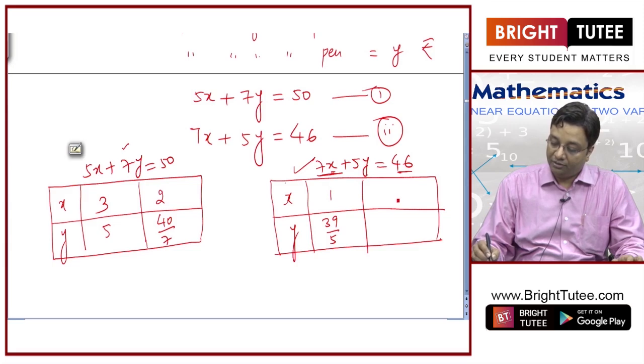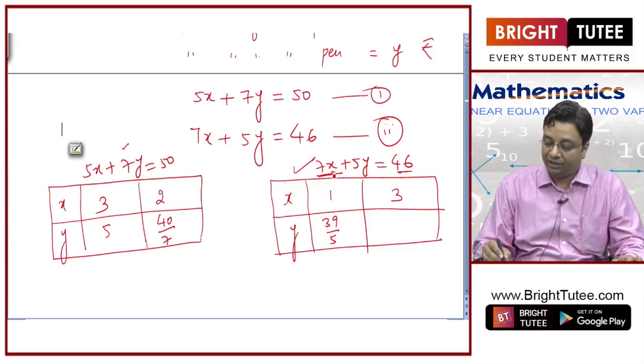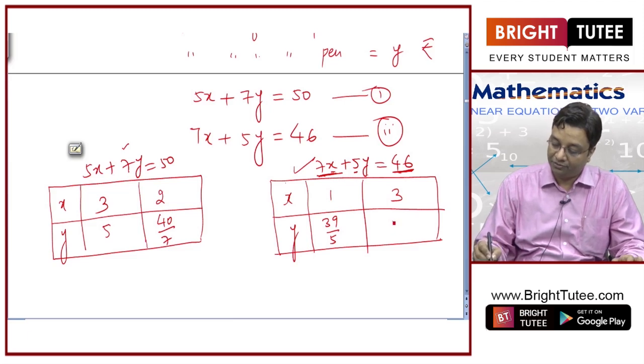Another value, if I take x equal to 3, it will become 21, 7 into 3 is 21. 21 if you subtract from 46 will give you 25. So, 25 when divided by this 5 will give you 5.